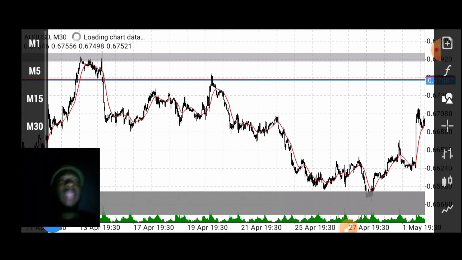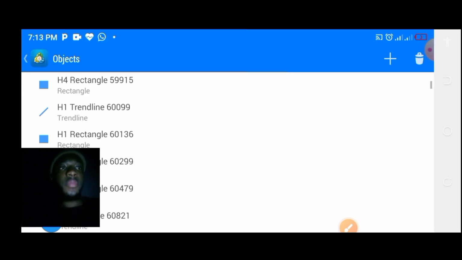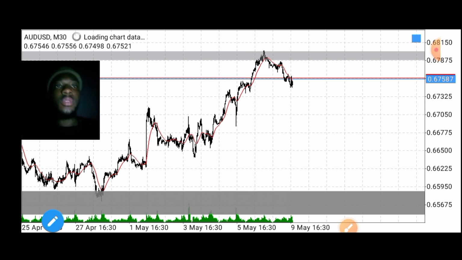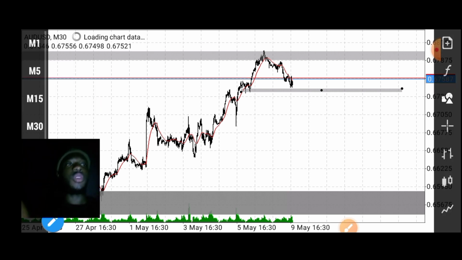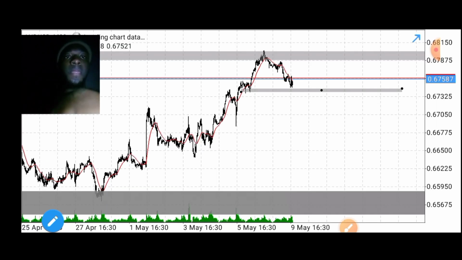So at this zone now, focus on what you are seeing at the moment. That is the major thing I want to take notes in this video. See this, this is an area I'm looking out for, because price could come to that area and reverse back up.